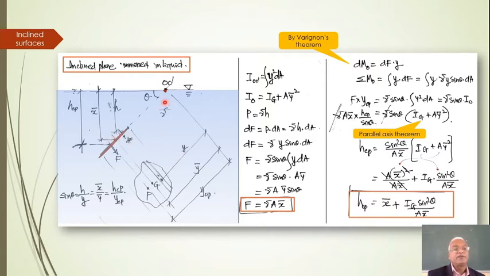The centroidal distance from OO dashed is called y bar. The center of pressure distance from OO dashed is called YCP. Because of this right angle triangle, I can write sine theta equal to opposite side upon hypotenuse, h by y, or x bar by y bar, or HCP divided by YCP. So that is the sine theta expression.